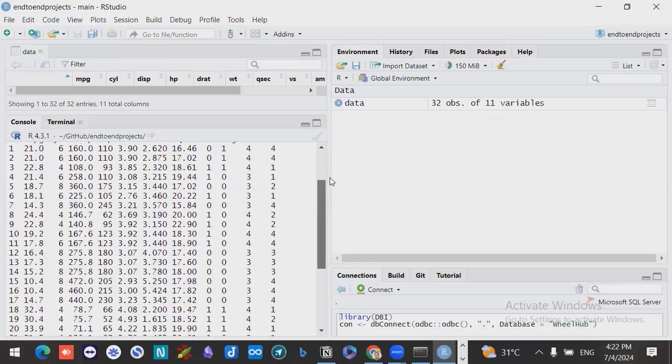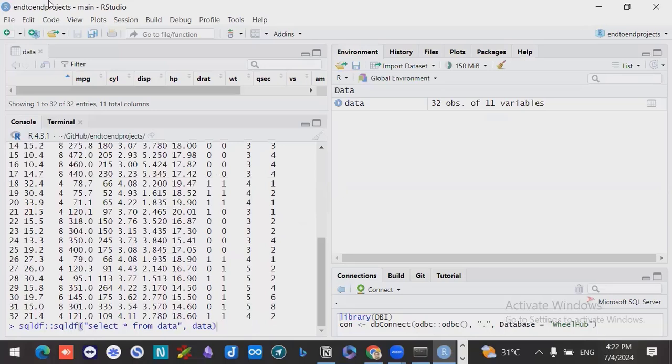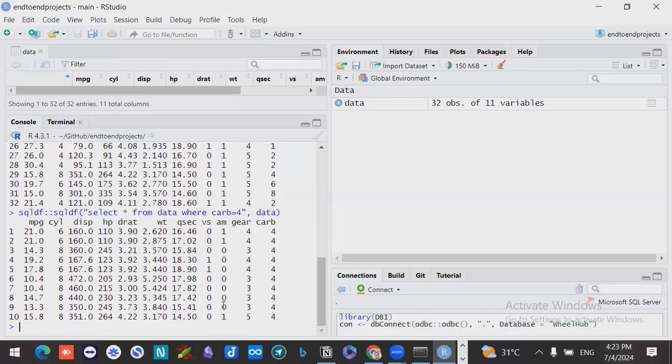If I want to get only rows where carb is equal to 4, I can write a simple condition: where carb equal to 4. So we are getting only 4.